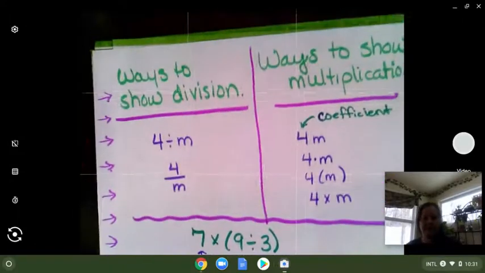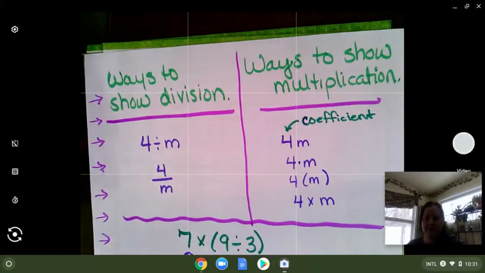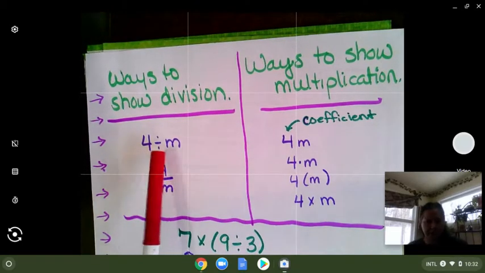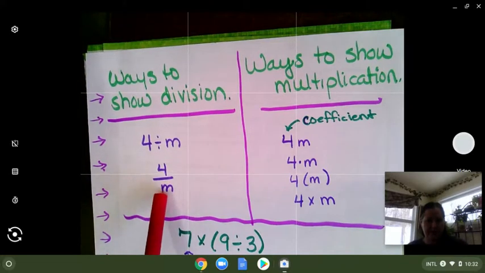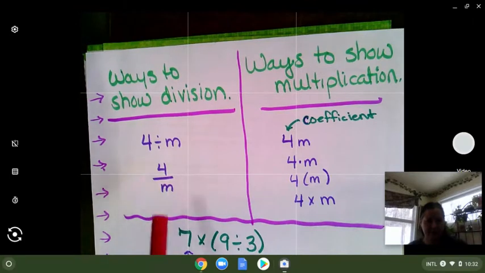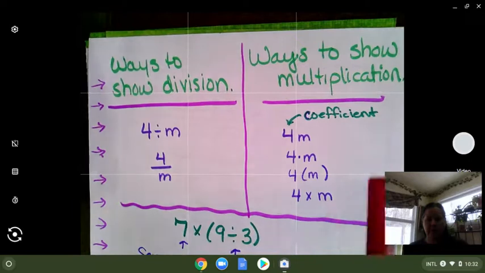All right, so put this in your notes. These are different ways to show division and multiplication. To show division, we use the actual division symbol that you're used to. Here's another way to show division, 4 divided by m with a fraction symbol. Then we have ways to show multiplication.